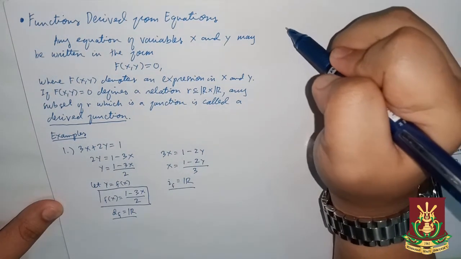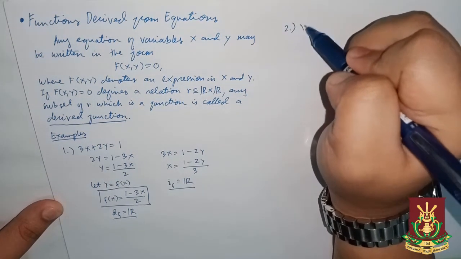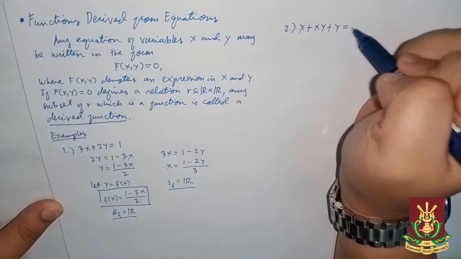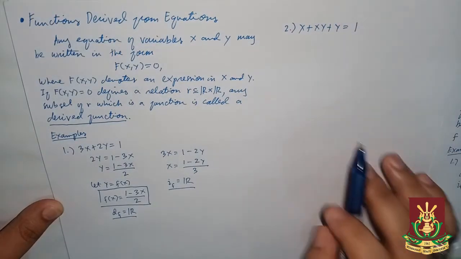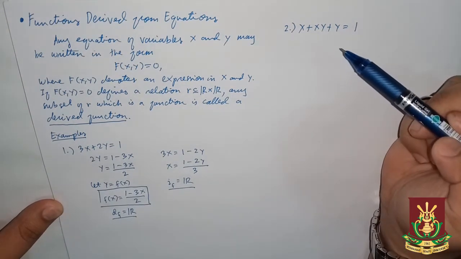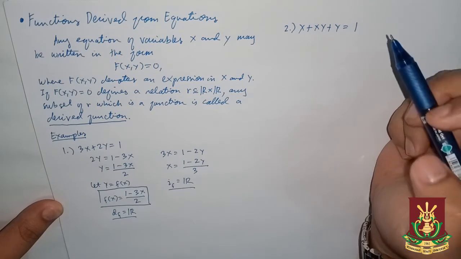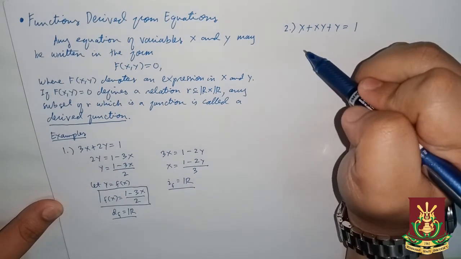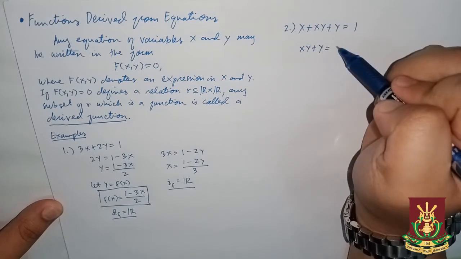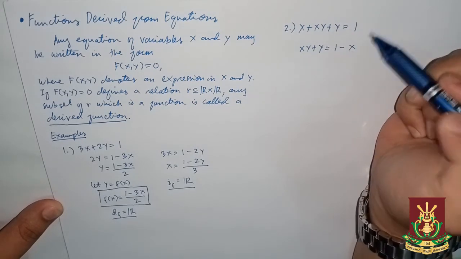How about the equation x plus xy plus y equals 1? Like what we did in the first example, we first solve for y in terms of x. Notice that we can have xy plus y equals 1 minus x.